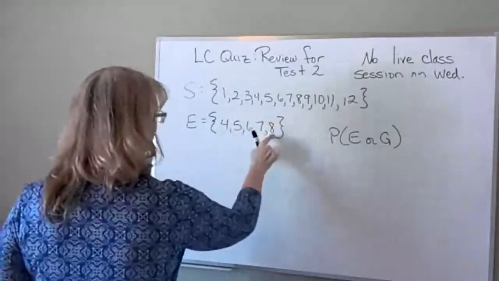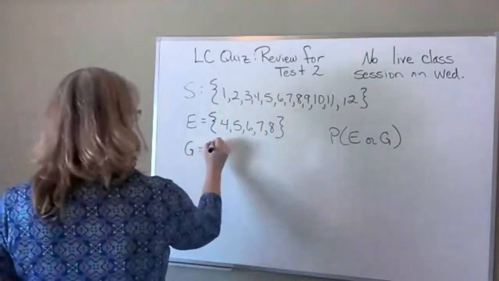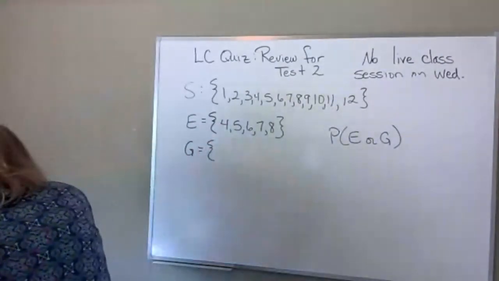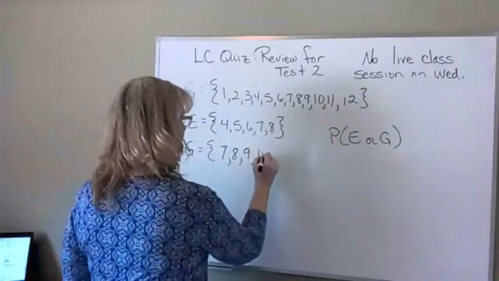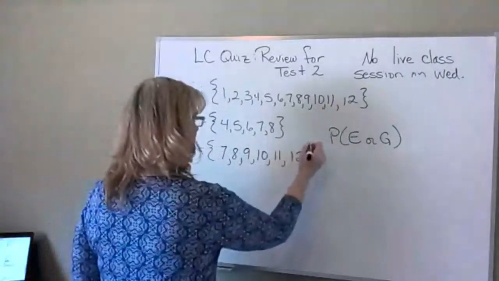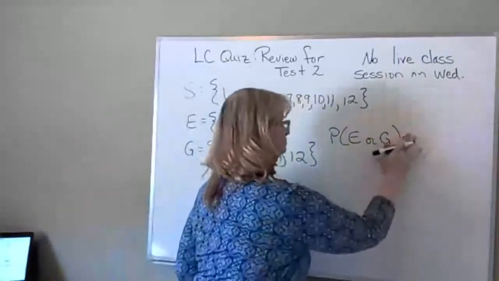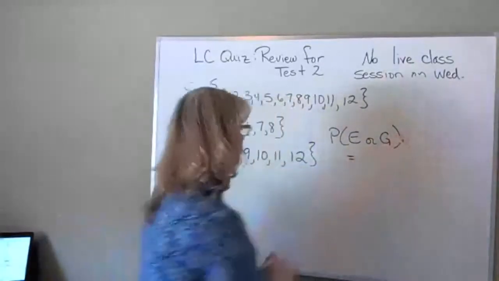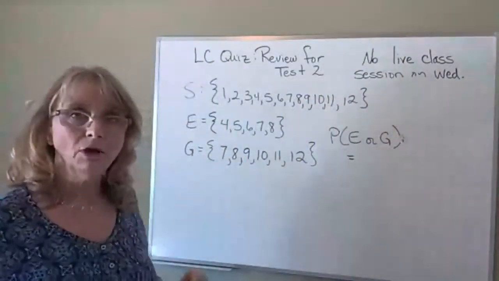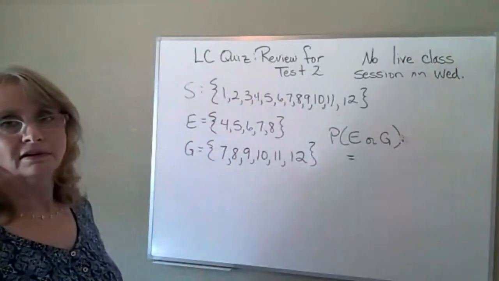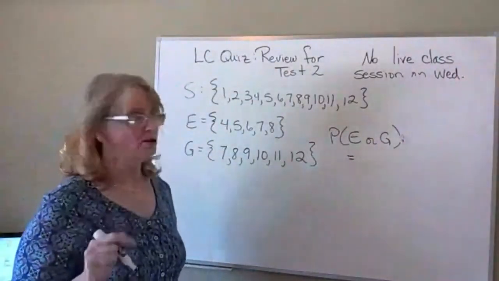So 1, 2, 3, 4, 5 outcomes in E. And G is made up of the numbers 7 through 12. Now I want you to notice something: E and G are not mutually exclusive. The one we had last time, they were. That's going to make a difference on how you work this.